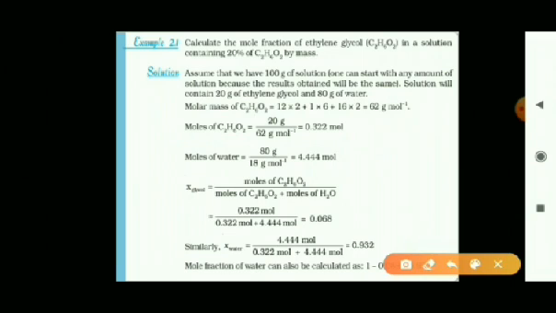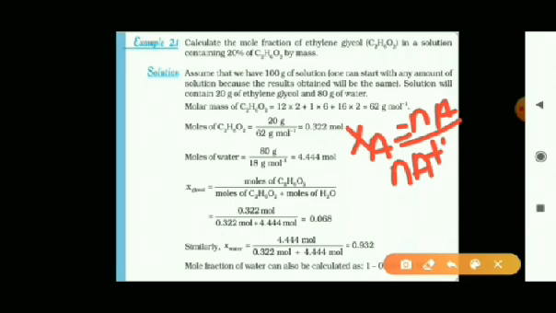formula to find the mole fraction of A, that is XA is equal to NA divided by NA plus NB. So what is NA? NA is the number of moles of ethylene glycol. What is NB? Number of moles of solvent, that is H2O. Now you add all this.